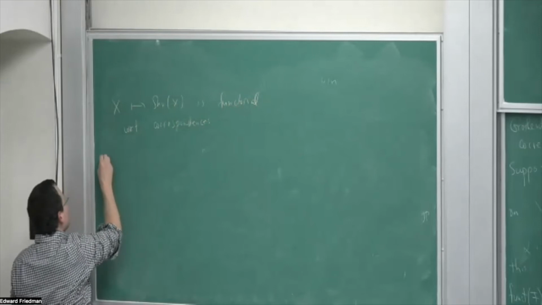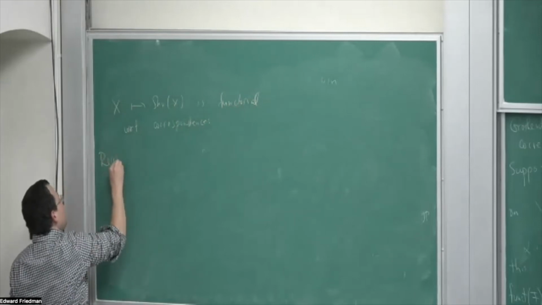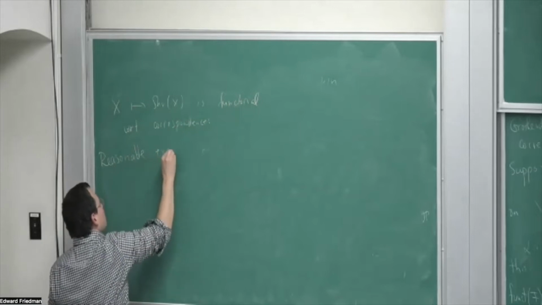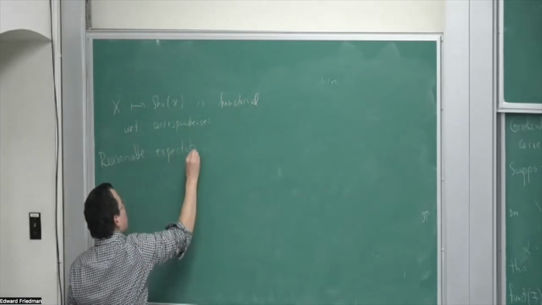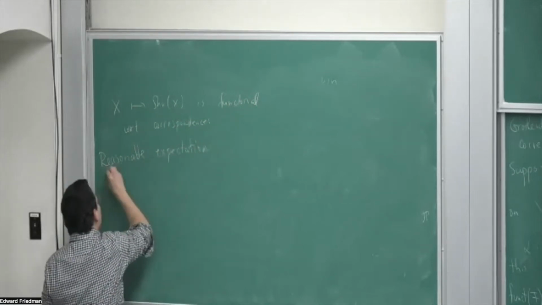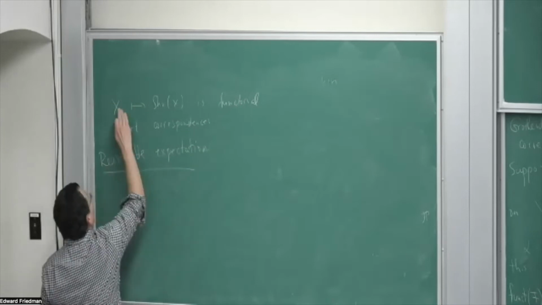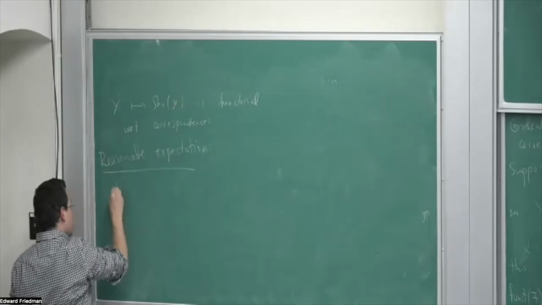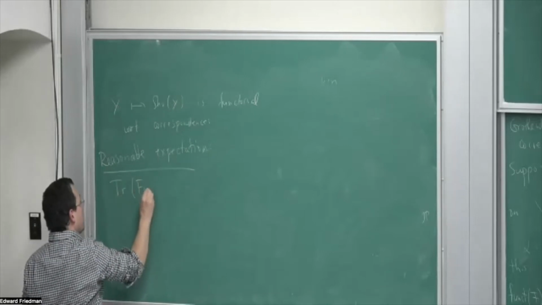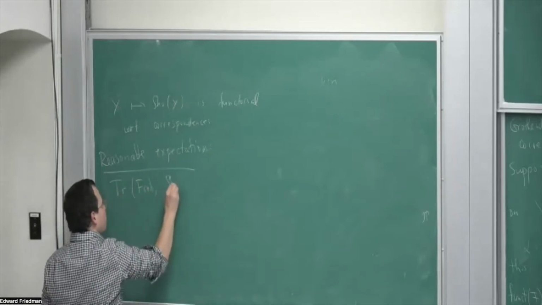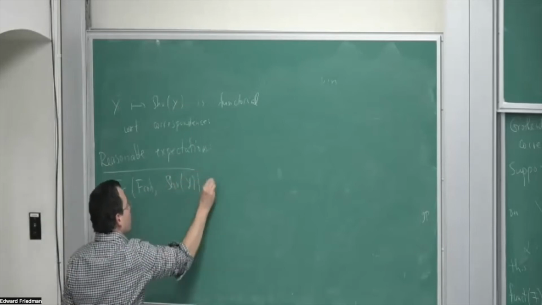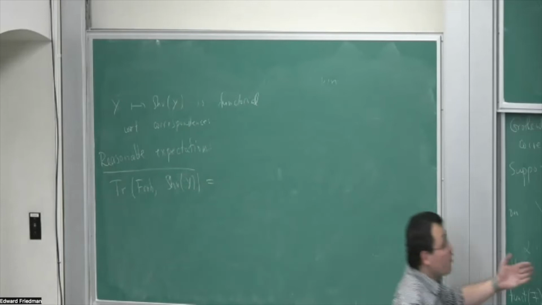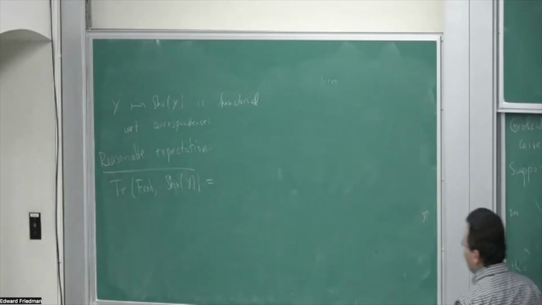This is great. So this leads to the reasonable expectation that the trace, in terms of Frobenius, is just applying what you would get, which is the fixed points, and then applying the functor.